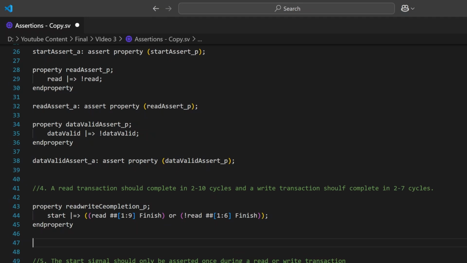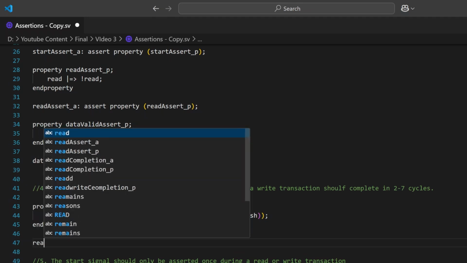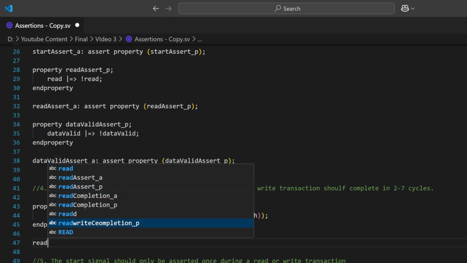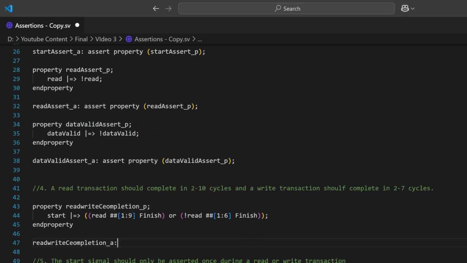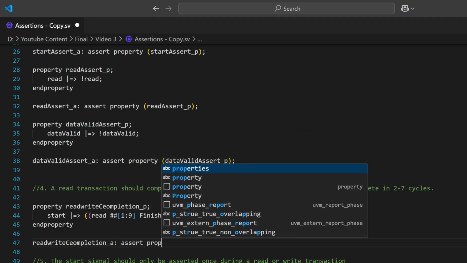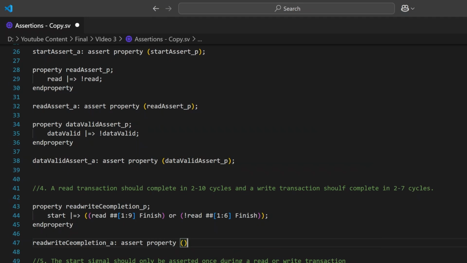So let's assert the property. And we are done.